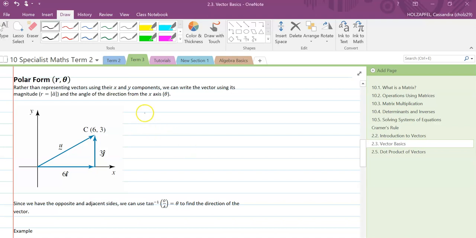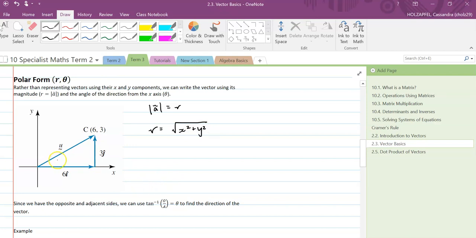So usually we are used to using straight brackets around these vectors, but we can also use the letter r to represent the length of this line here, or the magnitude of the vector u. So we can find this really easily because we've just used Pythagoras' theorem to do it. So this is going to be one of our special equations where r is equal to the square root of x squared plus y squared.